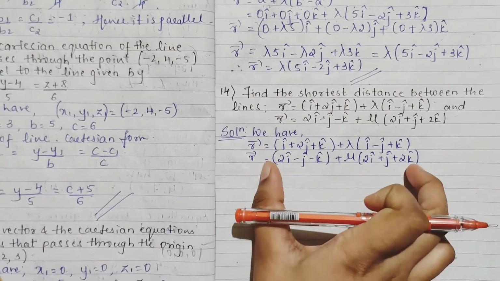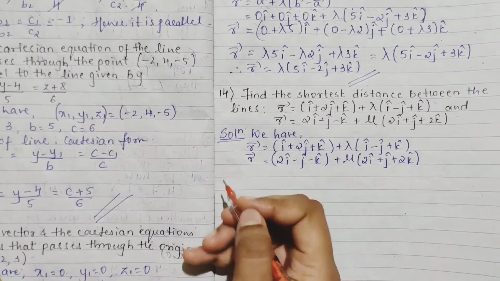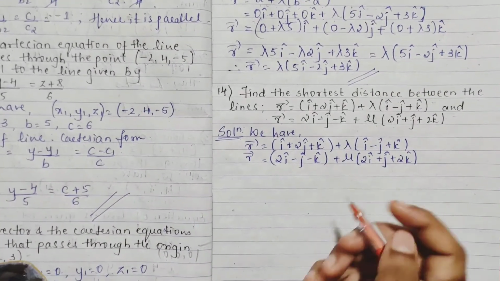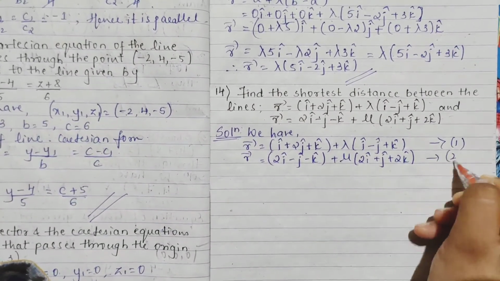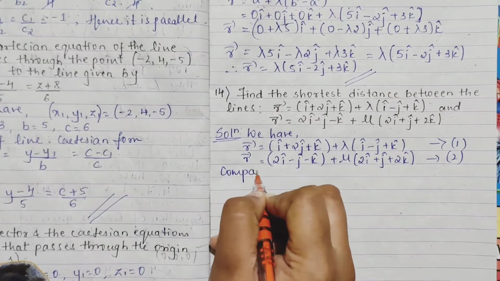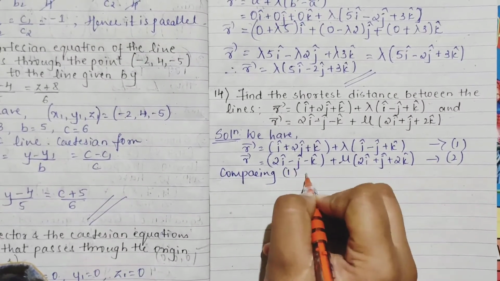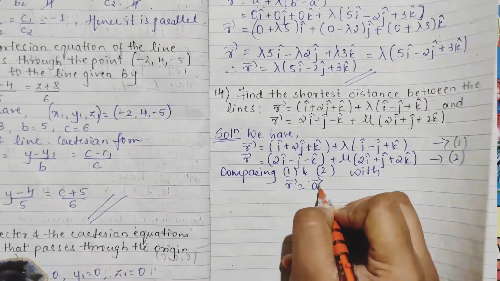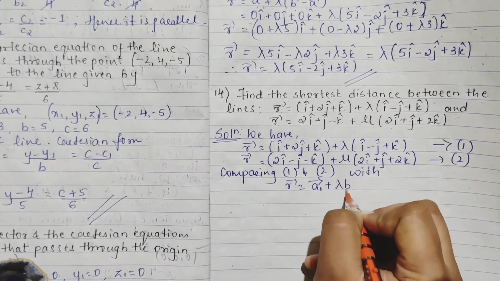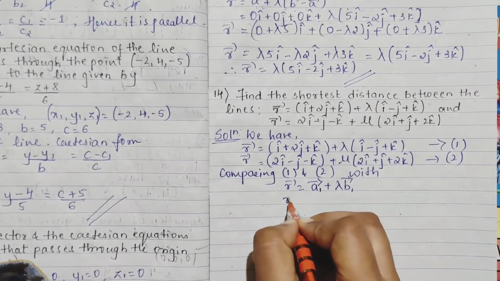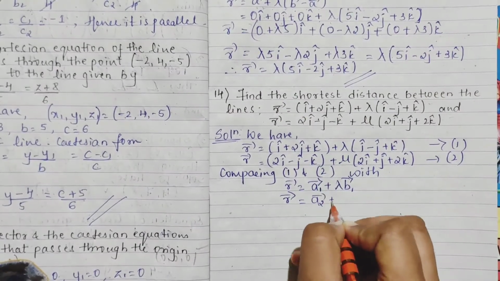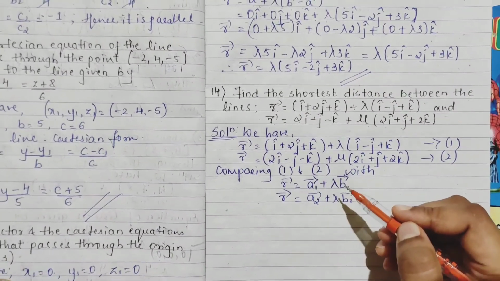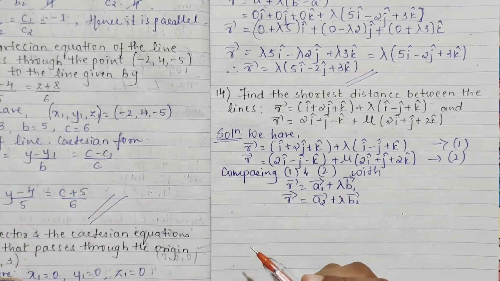So we have written this. Your lines, we will compare them. Comparing means with the actual form, how it was. You can take these as equation 1 and equation 2. So write: comparing equations 1 and 2 with vector r equals vector a1 plus lambda vector b1, and the other line, vector a2 plus mu vector b2, right? Why are we comparing? Just to write our points, the a1 and a2 you have got.